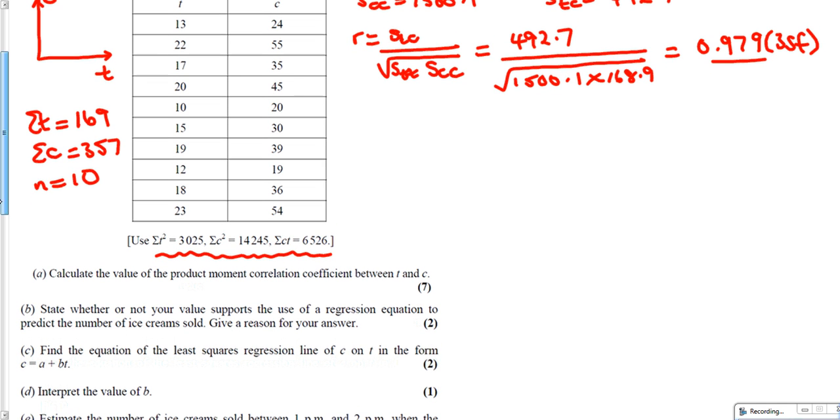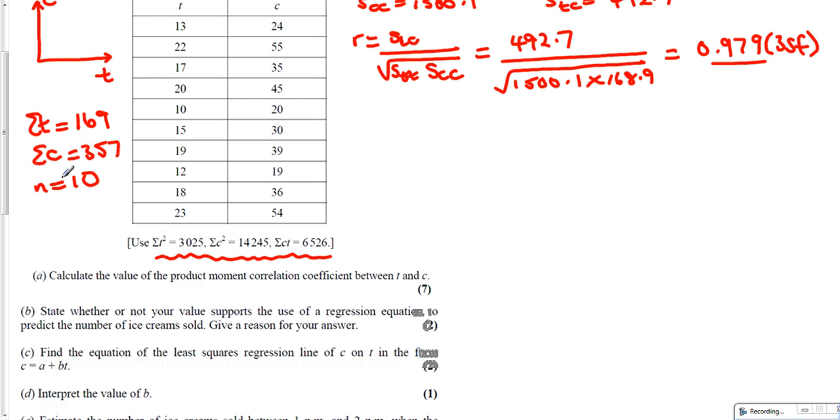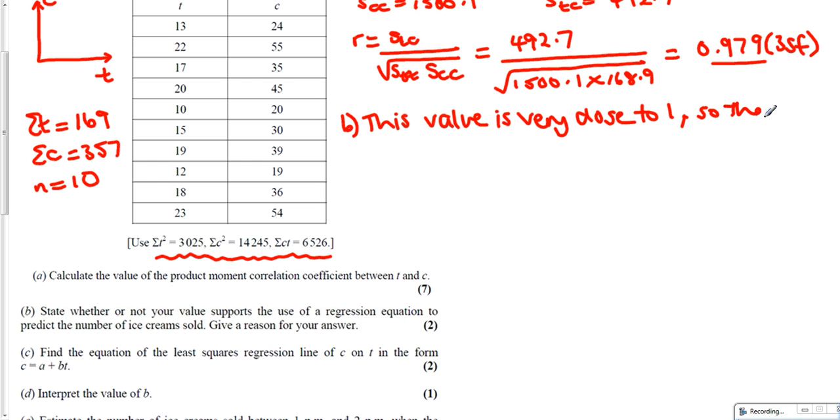State whether or not the value supports the use of a regression equation. This is one of those that we need to learn. This value is very close to 1. What does that mean? Well, it means the points are close to a straight line.